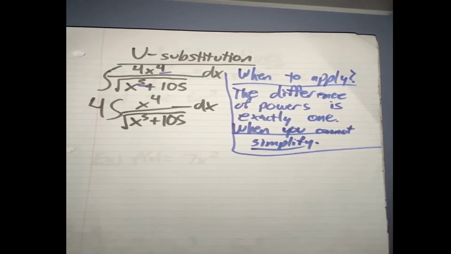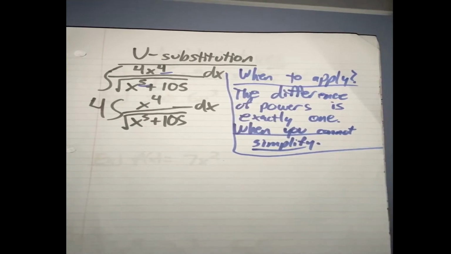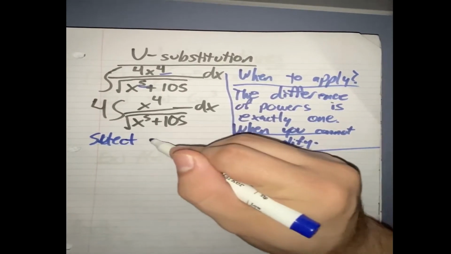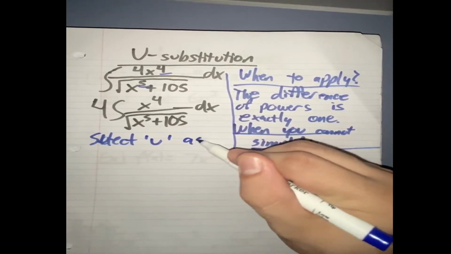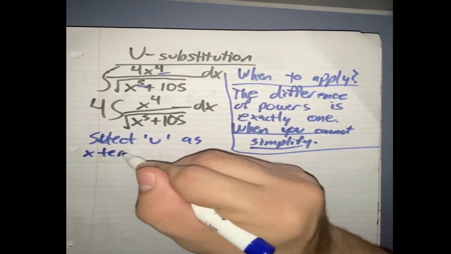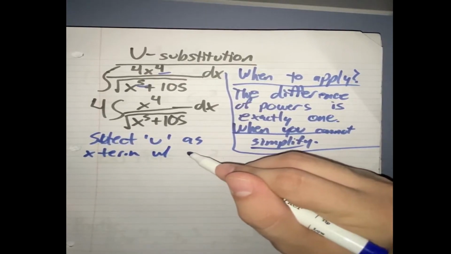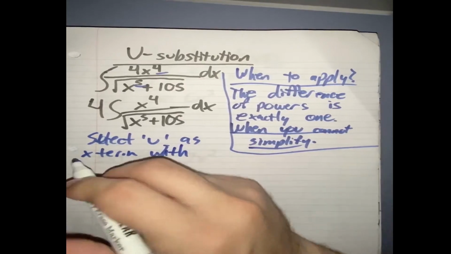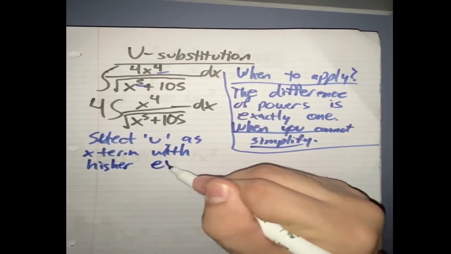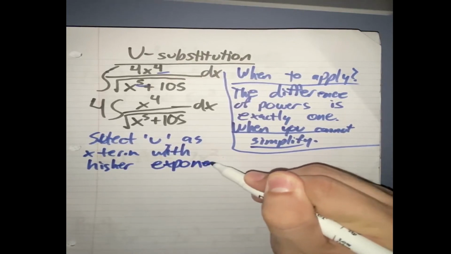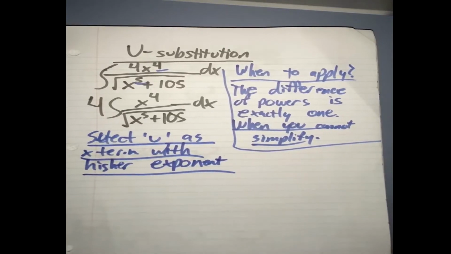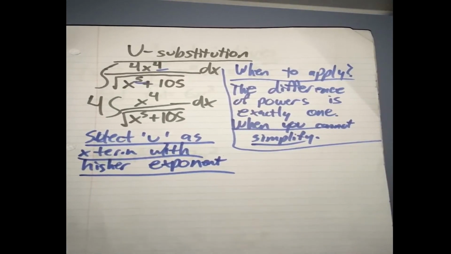So the next step is we select u as the x term with the higher exponent.